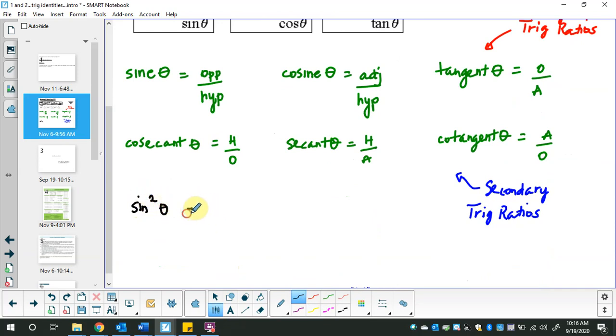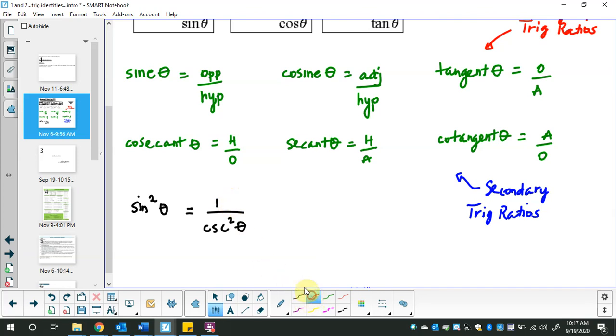First of all, that sine squared theta is 1 over cosecant squared theta. And sine squared theta, because this is squared, means that you square everything on the other side. So that's why the cosecant is squared, and 1 squared is 1, so you don't even notice that.